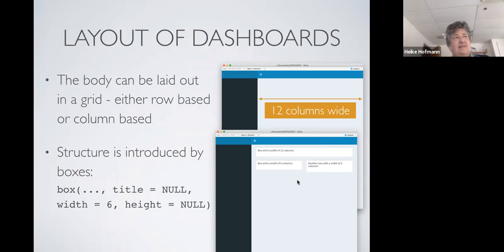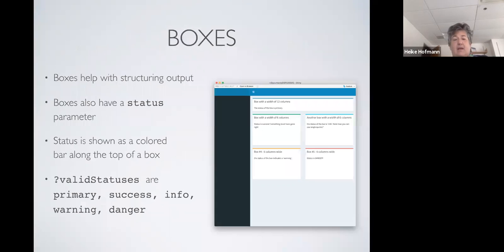You can see that these boxes have different heights. In order to make the boxes the same height, we can use the height parameter to make them a specific height. And that's where things are a little bit funky, because width is specified in the number of columns that they cover, whereas the height is actually specified in pixels.